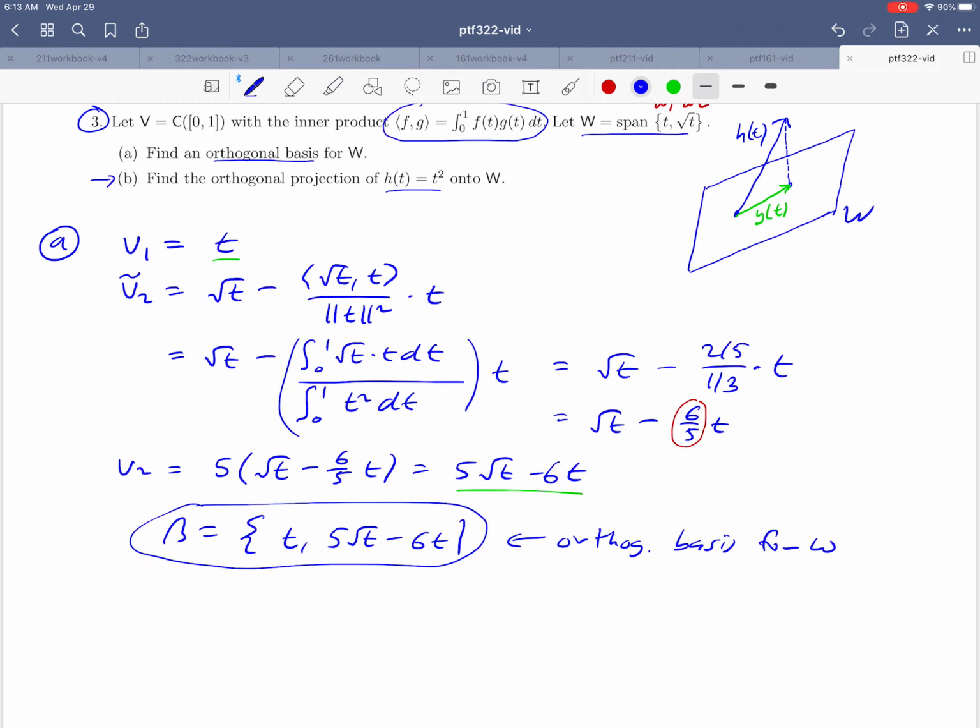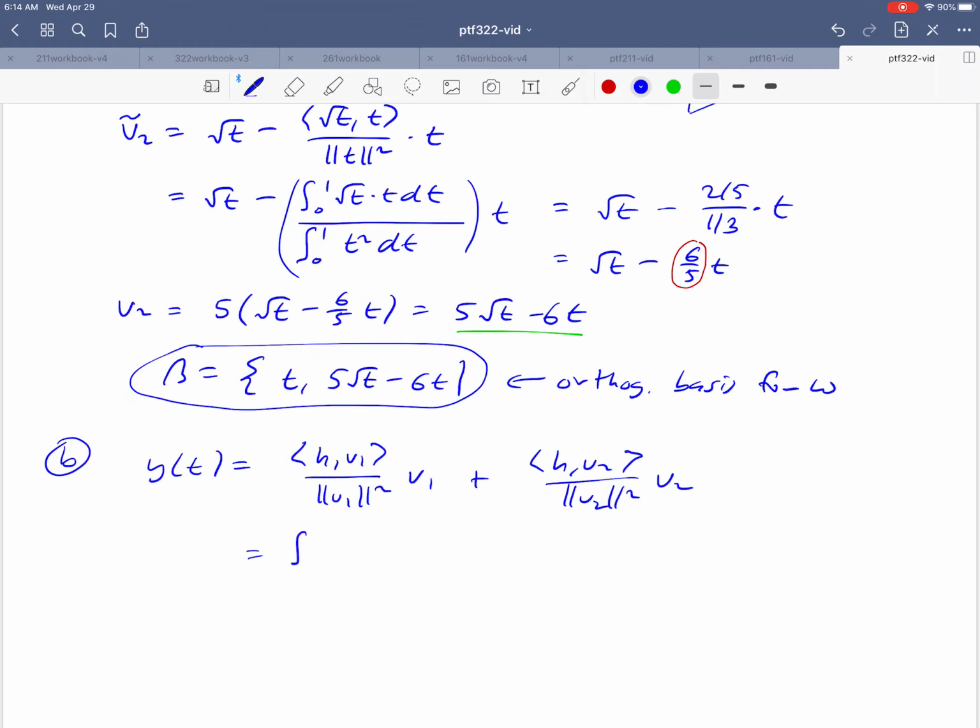Okay, and if we fill in the pieces, remember inner products are integrals in this case. This is going to just turn into the integral from 0 to 1 of h times v1. That would be t squared times t. Okay, over the integral from 0 to 1 of v1. So that's going to just be t squared dt. All of that's going to get multiplied by t, first vector in our orthogonal basis. Okay, and then we come over to the second term. In the numerator, we've got the inner product of h, which is t squared with v2.